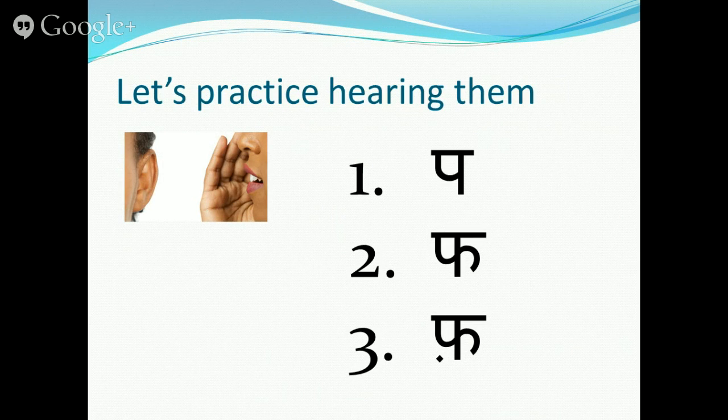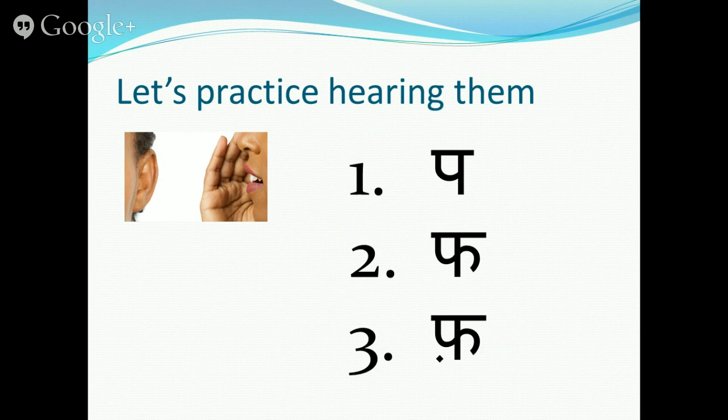So no matter what you do for 2 and 3, that's fine. But number one should never have air. It is not the regular P in English with air. You have to make that distinction. And if you notice, a fa sound, if you do fa with your hand in front of your mouth, still has a lot of air.